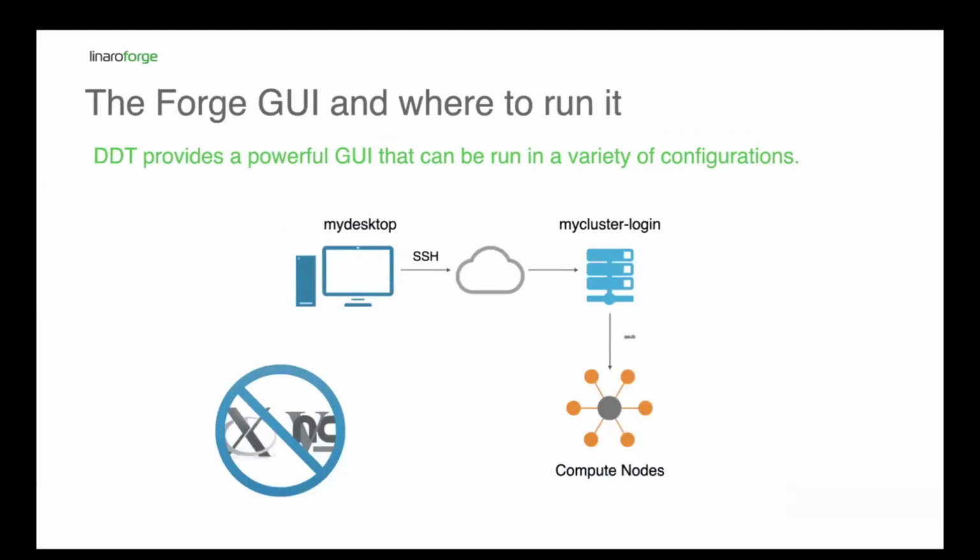Before I show how you get this working on Aurora, you can log on with -X. This is typically quite slow. So what we have is a client which you can install, and it makes it much faster for you to debug remotely on the system.